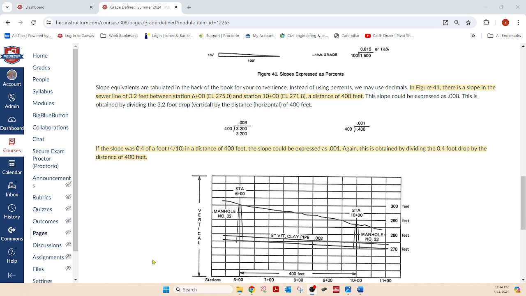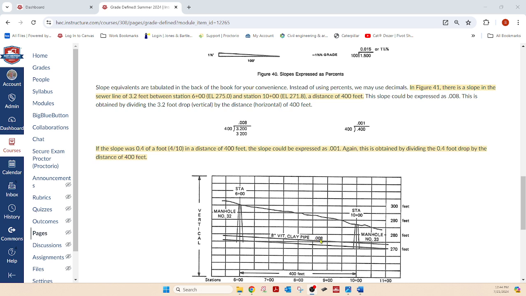So 3.2 divided by 400 equals 0.008. Or, if you want to talk percent, which you don't, it's going to be 0.8%.